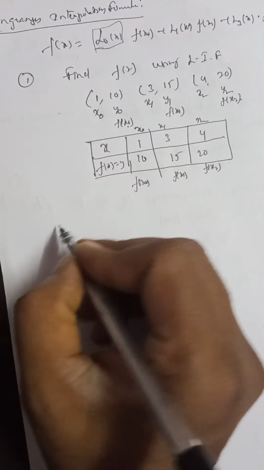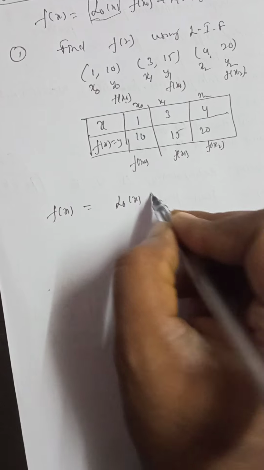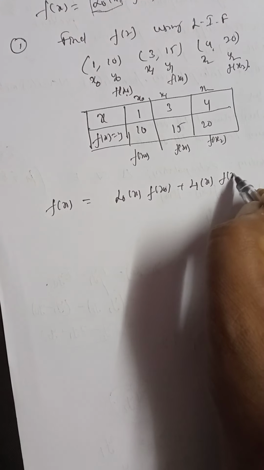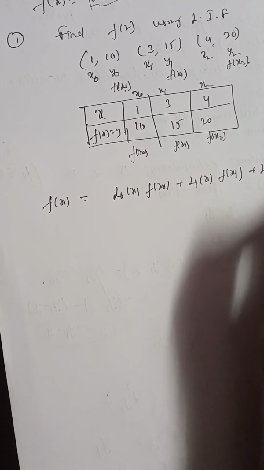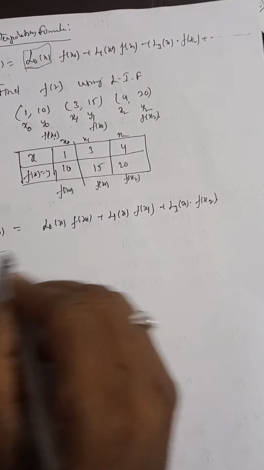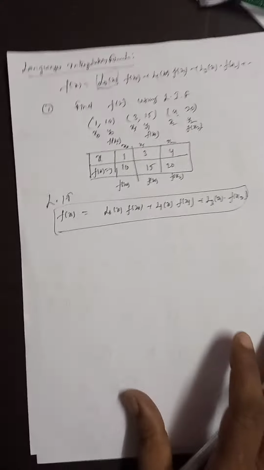Based on Lagrange's formula, f of x is equal to L naught of x into f of x naught plus L1 of x into f of x1 plus L2 of x into f of x2. That's it, we have to stop the procedure because there are three function values. This is Lagrange's interpolation formula, LIF.